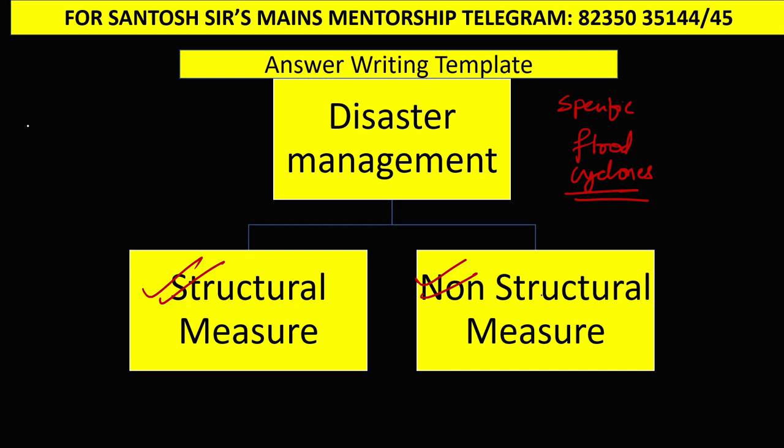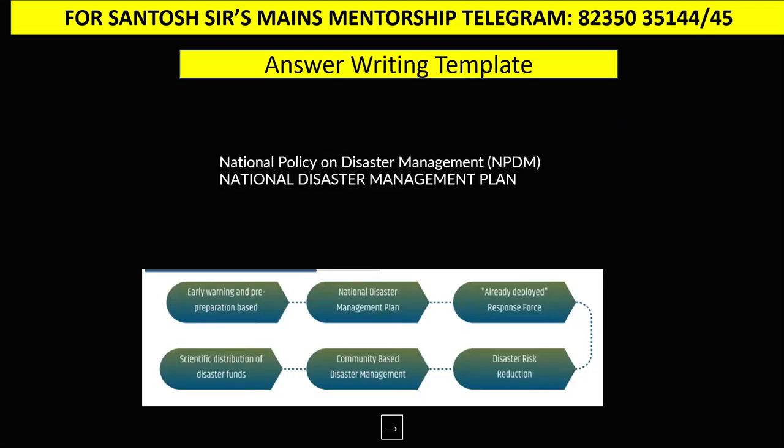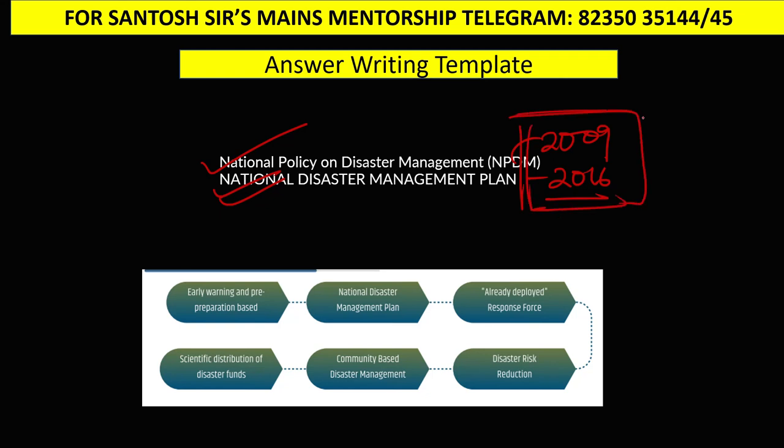In non-structural measures, obviously, guys, warning, monitoring, etc., things will come. Next, guys, in every answer on disaster management, talk about the National Policy on Disaster Management 2009 and discuss the National Disaster Management Plan, which is 2016. Please incorporate this in every answer. You will get very high marks.